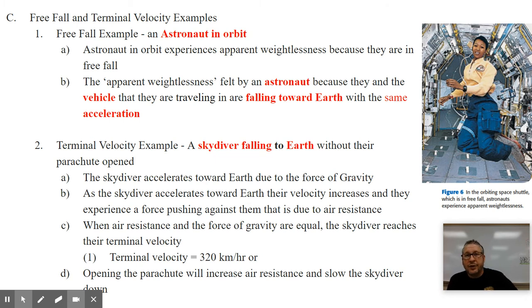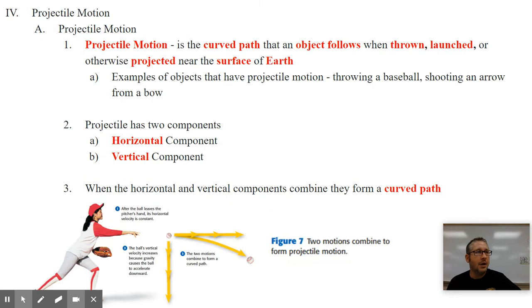And the reason we slow down is because eventually, hopefully, fingers crossed, our parachute opens, and it's going to increase the air resistance experienced by the skydiver because it's covering a much more open area, so it has more surface area for that air resistance to affect.